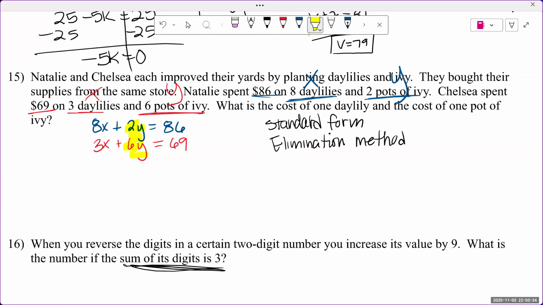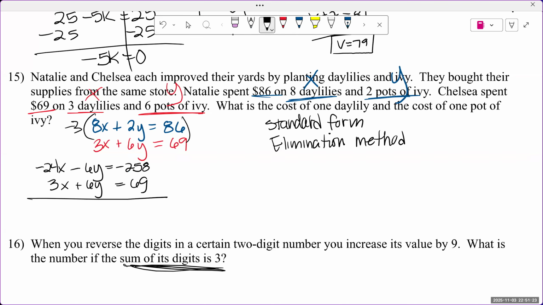I think the y's would be easy to cancel. I just need to multiply the top expression by -3. Poof. That's going to be a -6. The y's are going to cancel. So multiply the top equation by -3. Okay, now we are ready to add down. Those are going to cancel.